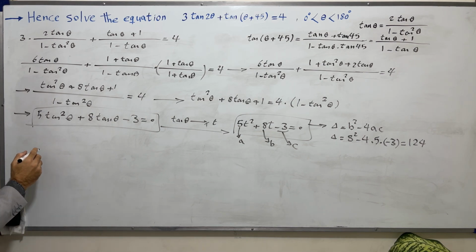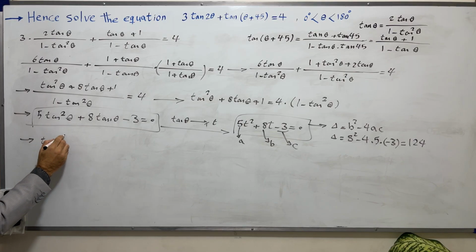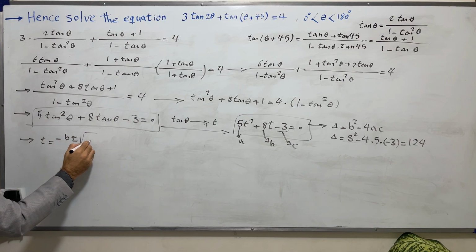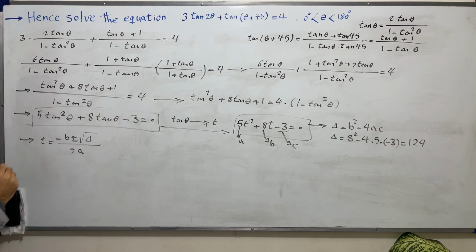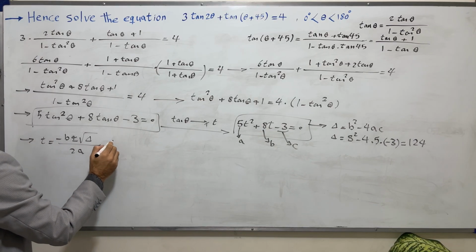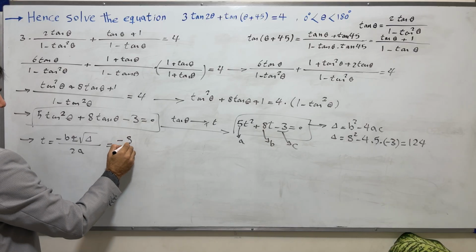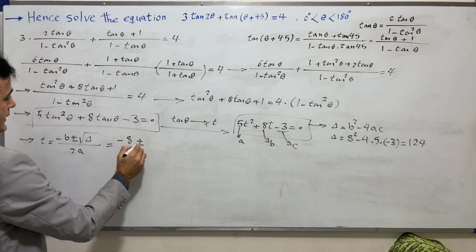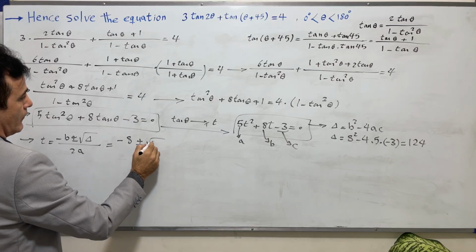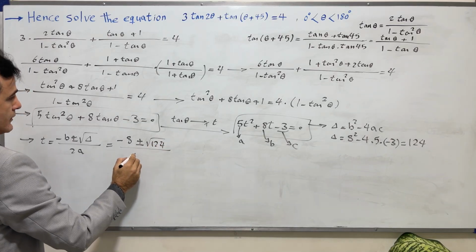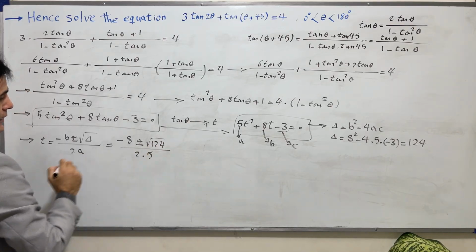Then the roots are t equals minus b plus or minus radical delta over 2a, equals minus 8 plus or minus radical 124 over 2 times 5.